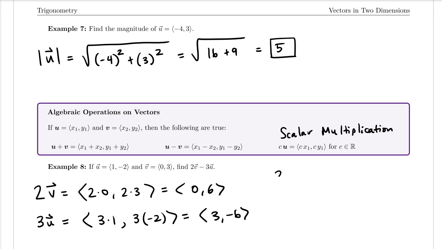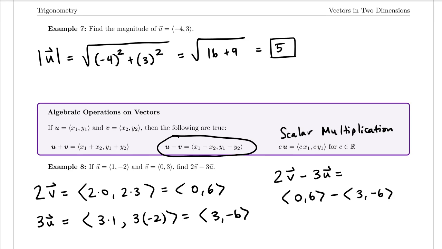All right, so now we want to do 2 times vector v minus 3 times vector u. So this is going to equal ⟨0, 6⟩ minus the vector ⟨3, -6⟩. And if we're using this formula up here, I can combine that so it ends up being 0 minus 3 and 6 minus -6, which is probably pretty intuitive.